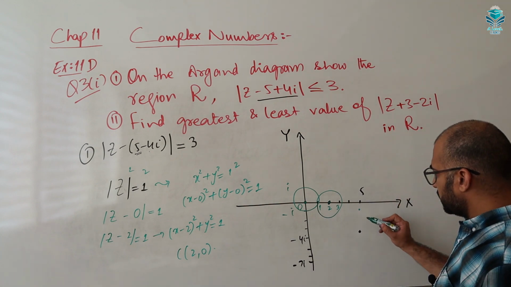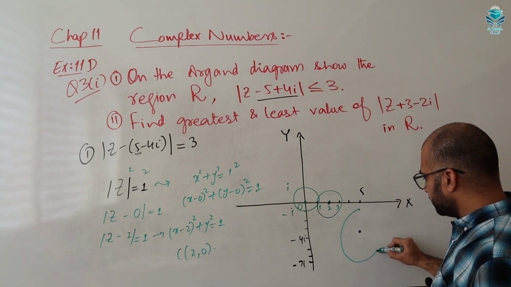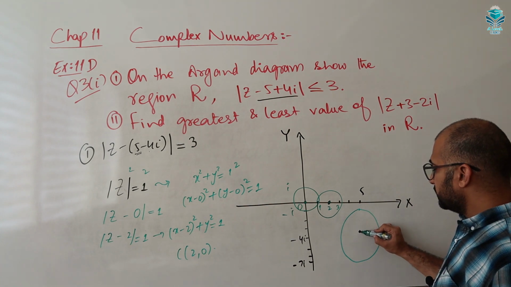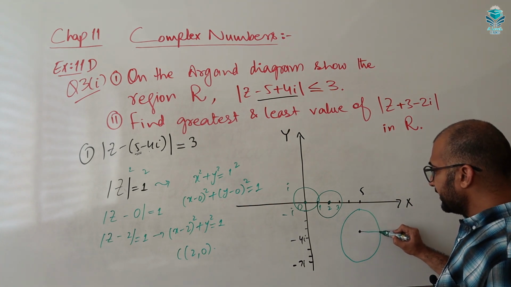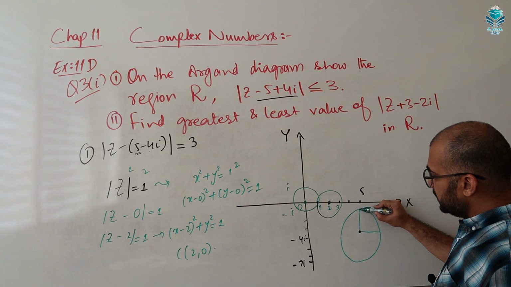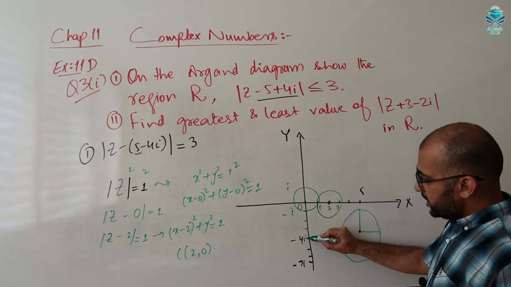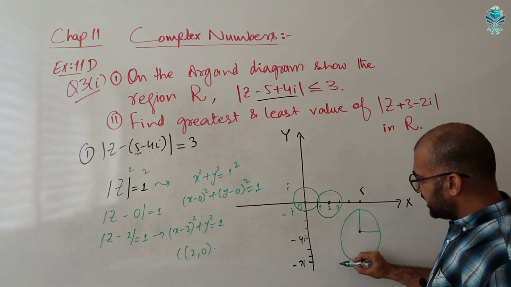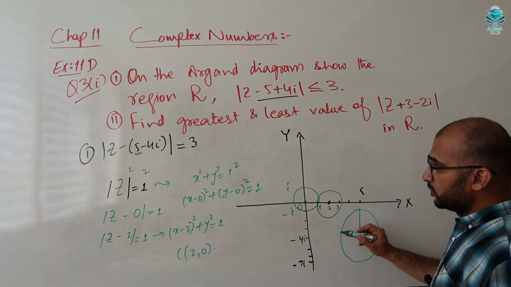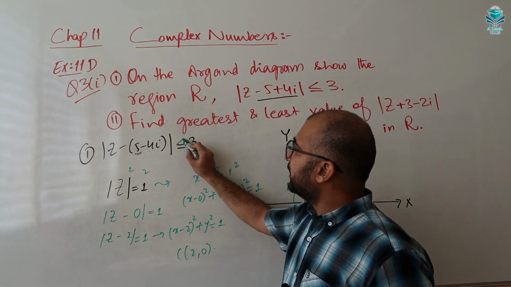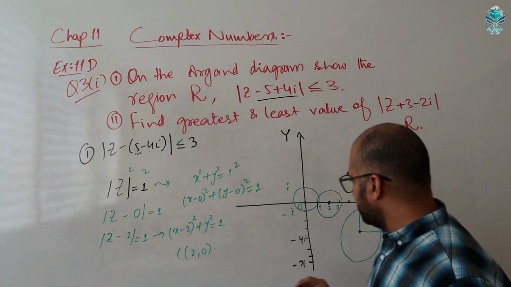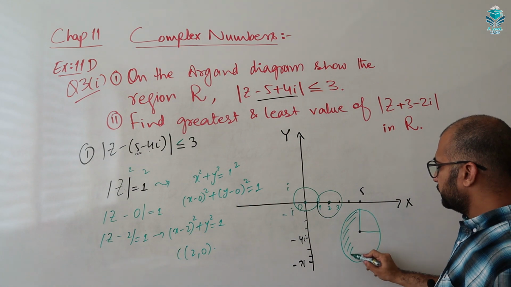So when you draw it, you will get this one. This is the center with radius 3, because from here you go above by 3 and below by 3, you will be at minus 7 here. So it is mentioned that it is less than or equal to 3, which means the interior.